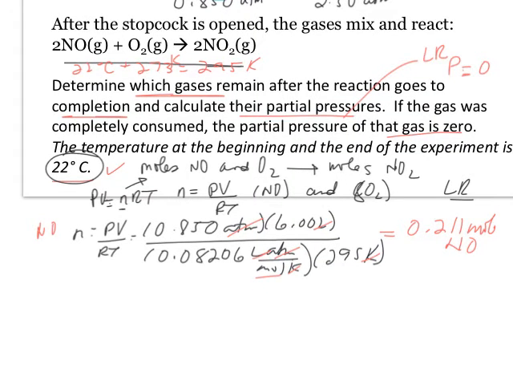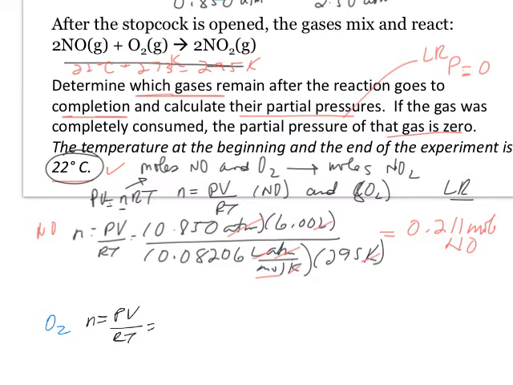Okay, so let's keep on going with PV equals nRT to get moles of oxygen. We'll put moles of oxygen here, O2. And so we're going to do n equals PV over RT.